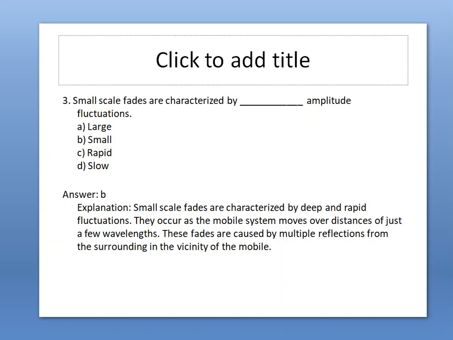They occur as the mobile system moves over a distance of just a few wavelengths, lying between 0.5 wavelength to 6 wavelengths. These fades are caused by multipath reflections from the surroundings in the vicinity of the mobile. So that's why small scale fading is characterized by small amplitude fluctuations only. It does not produce large, rapid, or slow fluctuations. So the answer is small.